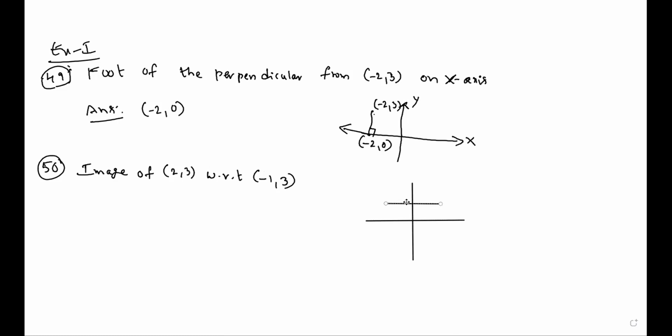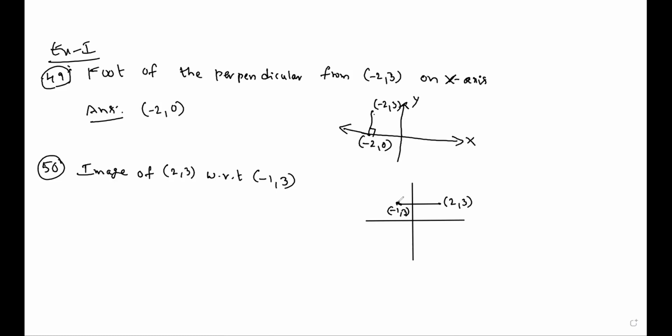Now, point-wise, this point is 2 comma 3, and this point is clearly minus 1 comma 3.